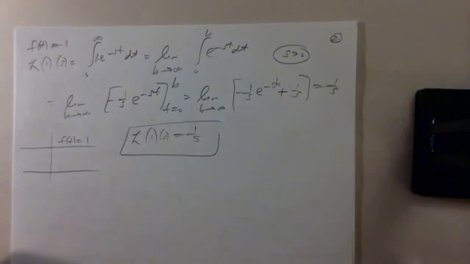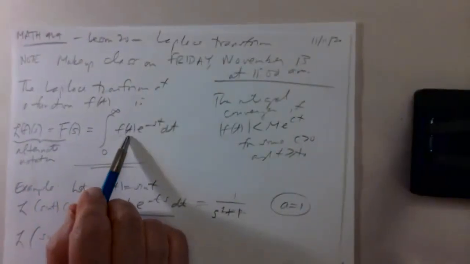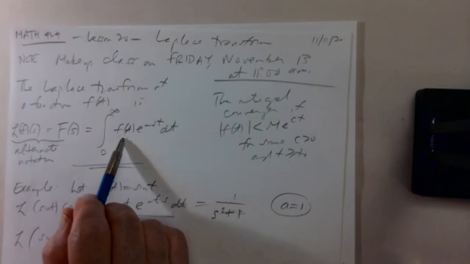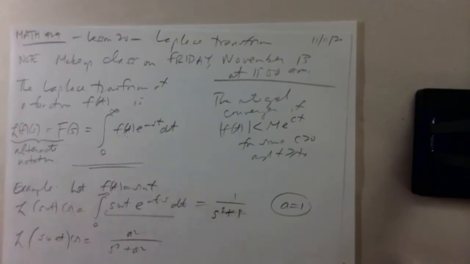Now, you notice that when you're taking the Laplace transform, this is the definition. It doesn't matter what values f of t takes on for t negative, you're only integrating from 0 to infinity. So if two functions are different but agree from 0 to infinity, then their Laplace transforms are the same.